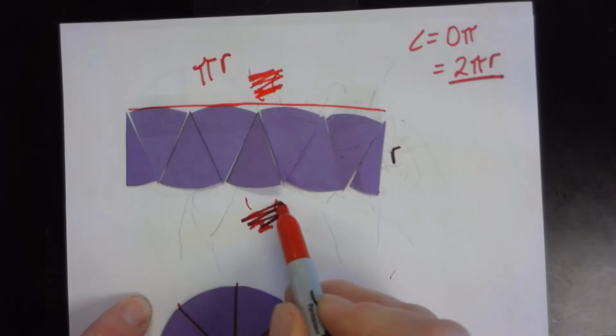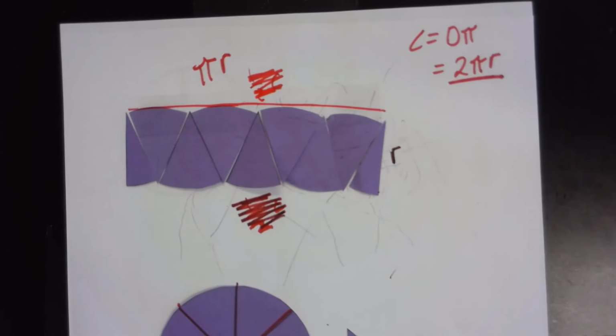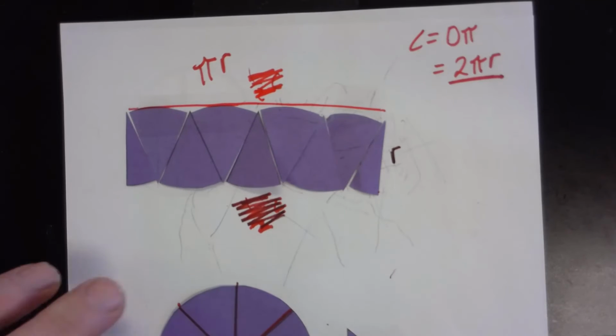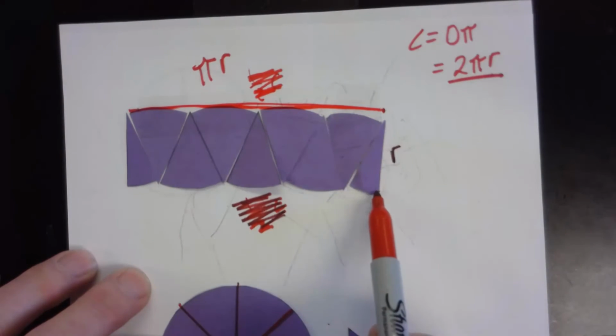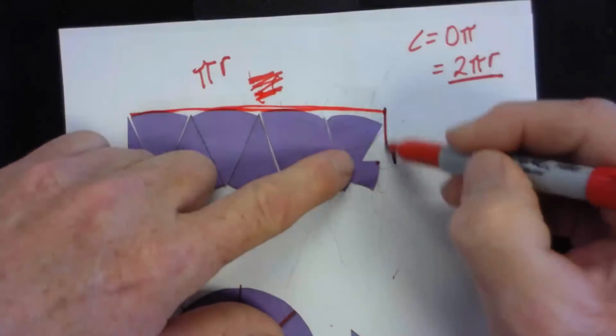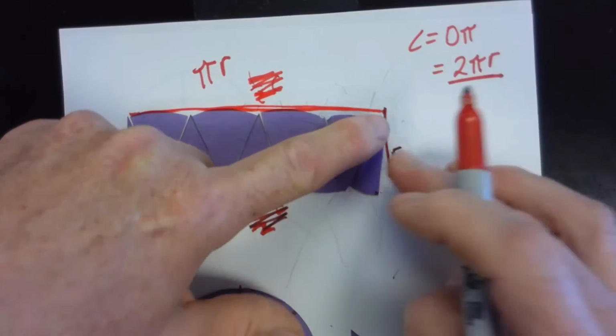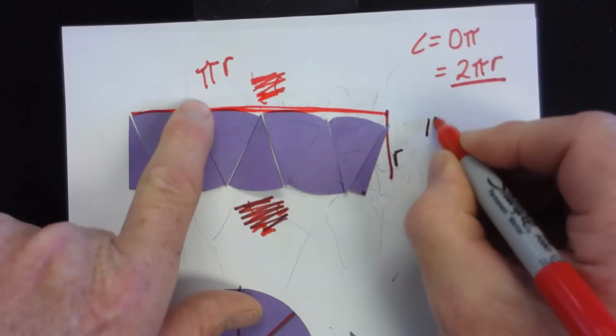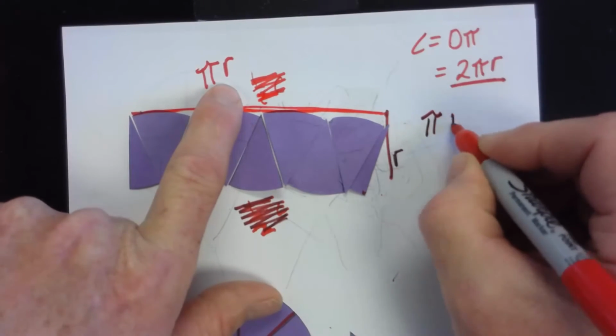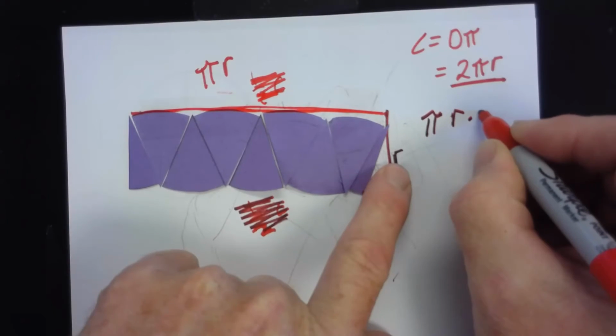I'm not going to worry about this one because I'm doing the area of a rectangle. How do we find the area of a rectangle? We go length times width, or height. I'm going to say width. So if I take pi times r times r.